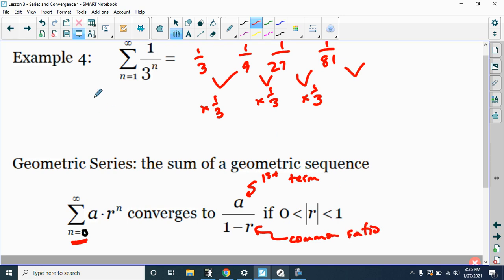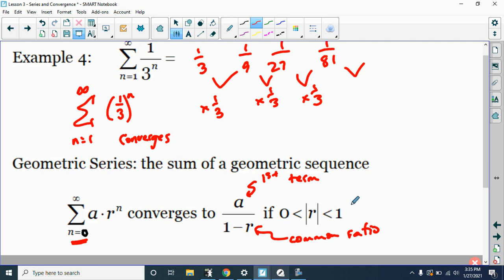So if we were doing this problem, I would think about this as the sum as n goes from 1 to infinity of 1/3 to the n. 1 over 3 to the n is the same as 1 to the n, which is 1, divided by 3 to the n. 1/3 all to the n. So it does converge. It converges because the common ratio, the thing we're raising to the n, the thing we're multiplying by over and over and over again, is in between 0 and 1.